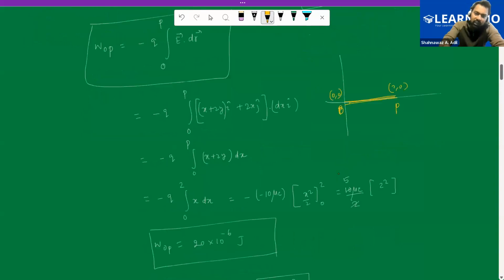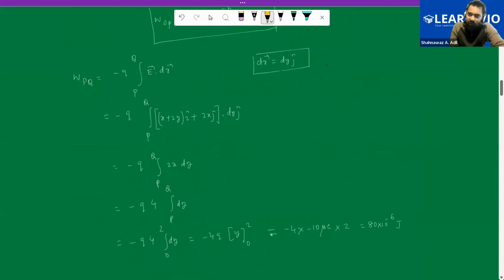And in the next case, we are going from here to here, P to Q, and this is 2, comma 0 to 2, comma 2.